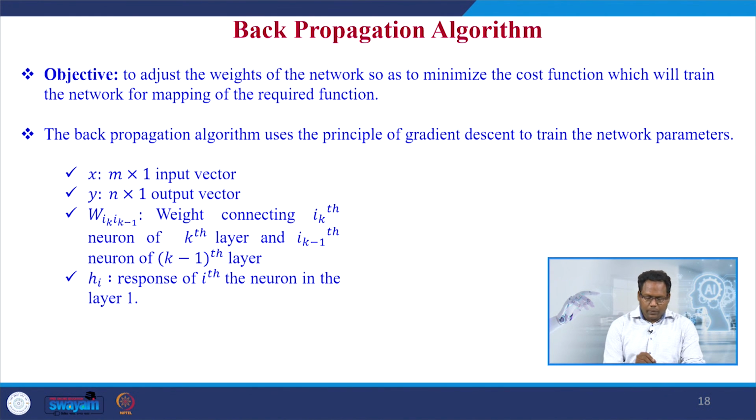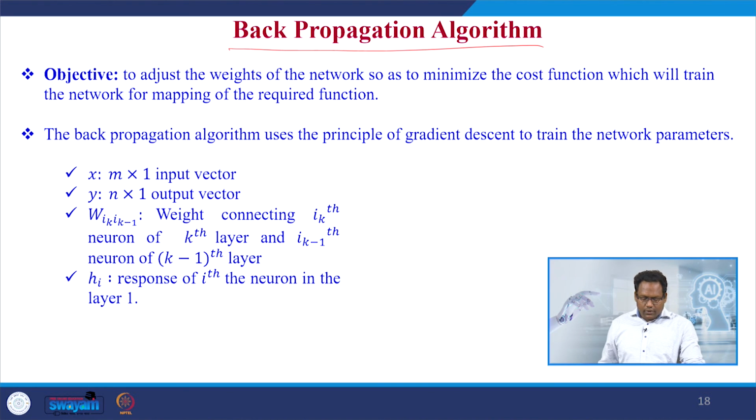So, through back propagation algorithm, we are going to see how the network parameters are updated, and the parameters of the network getting updated leads to a term called training of the network or network learning.